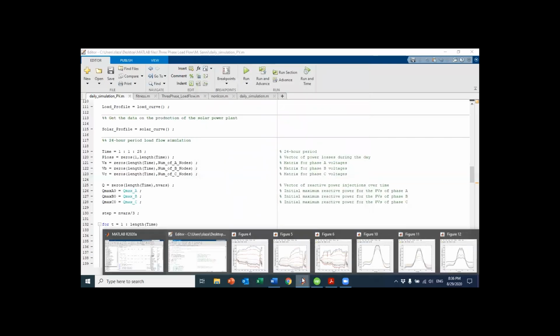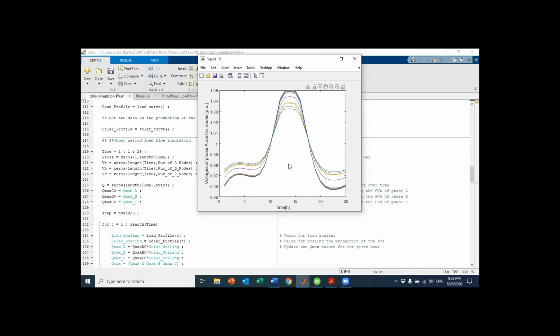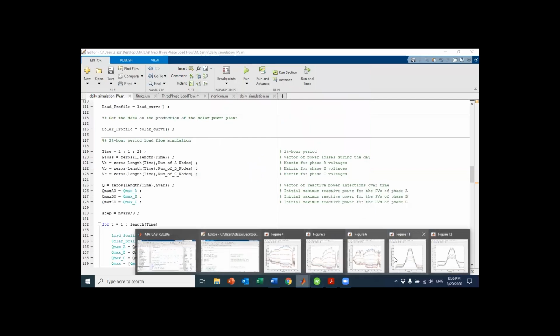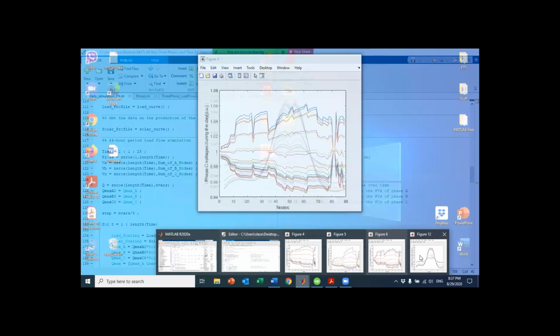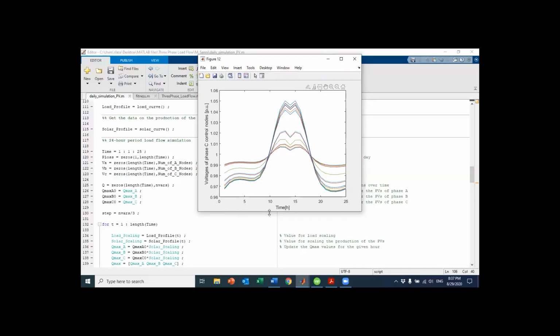So let's take a look at what happens with the generation nodes. So you can see also that it's the same with the PV nodes in the system, that the voltages of the PV nodes in the system stay within the required area, and it's the same for the PVs in other phases. Here, yeah, that's it.